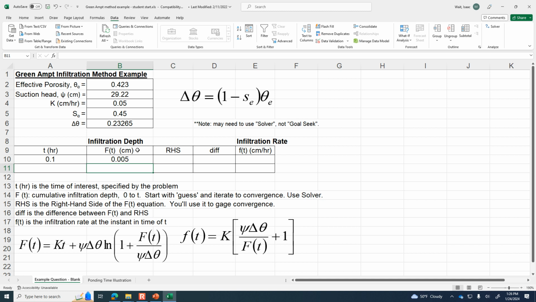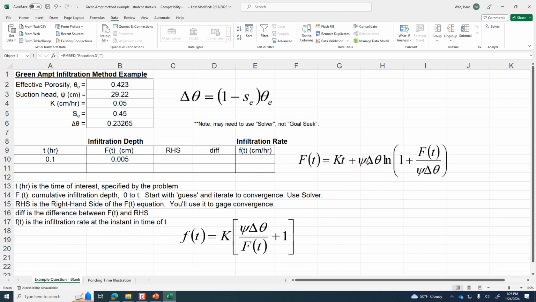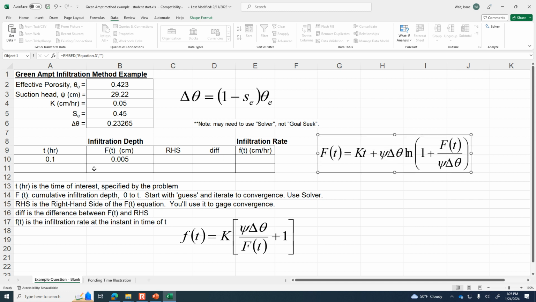So that's the infiltration depth guess. We've just started with a guess, and now we're going to use this equation here to calculate what I'm calling RHS. That means the right-hand side of this equation.